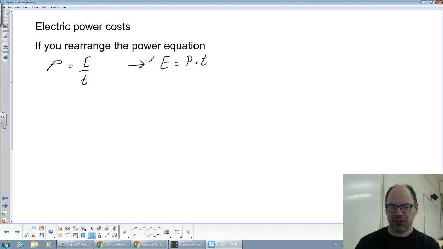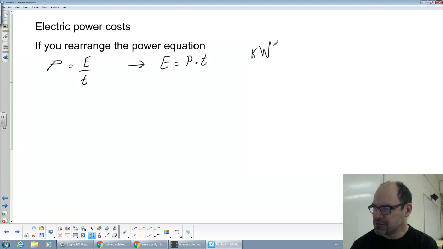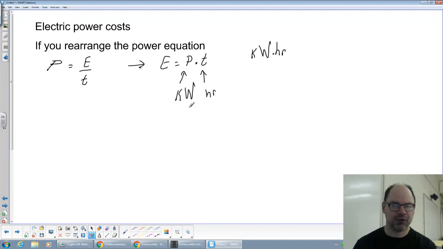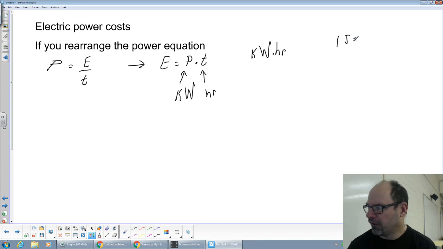Now, electric energy is charged in this unit here, not in joules. They charge it in kilowatt hours. So this unit is in kilowatts, and this unit is in hours, because 1 joule is such a small energy unit. So we know that normally 1 watt is 1 joule per second.